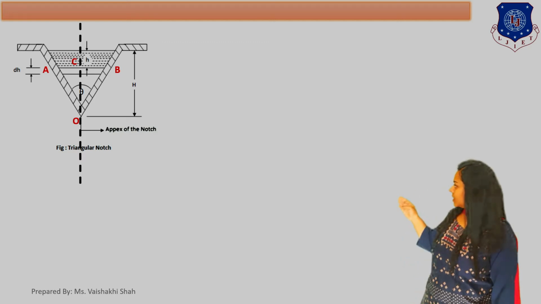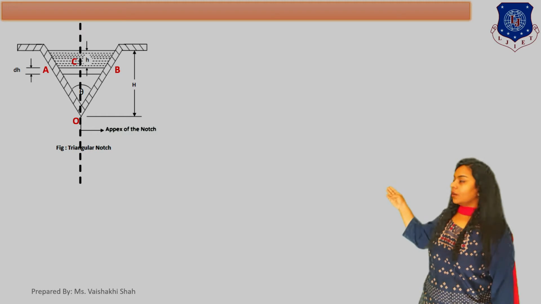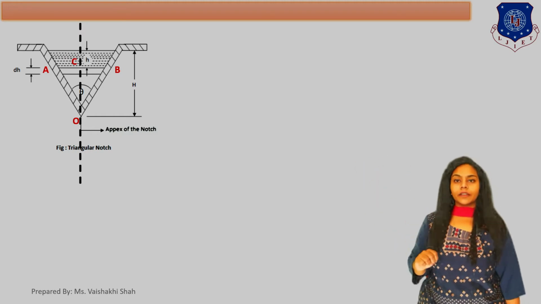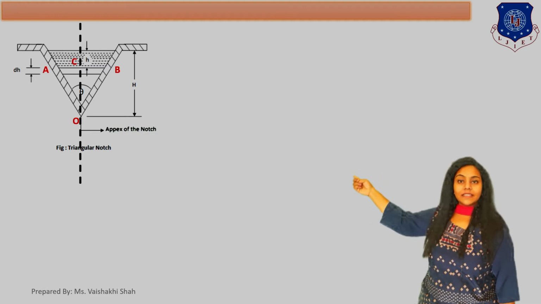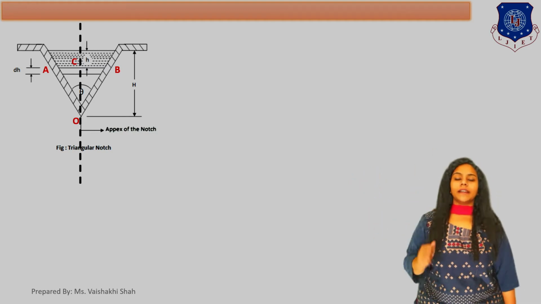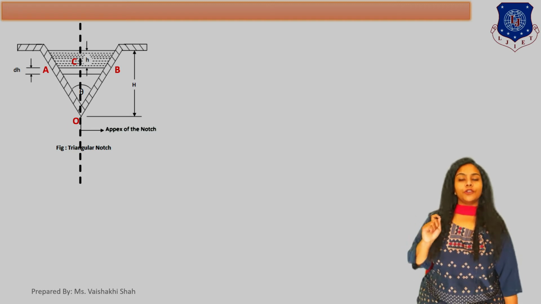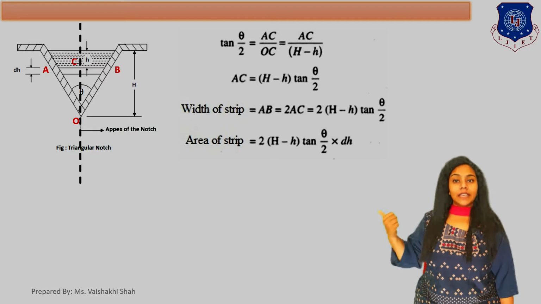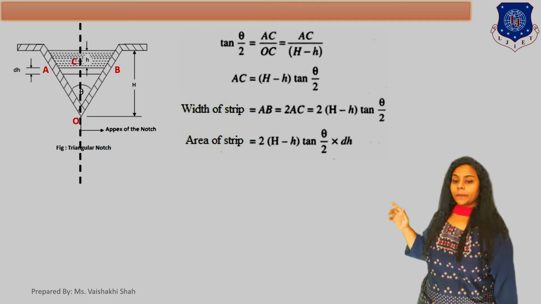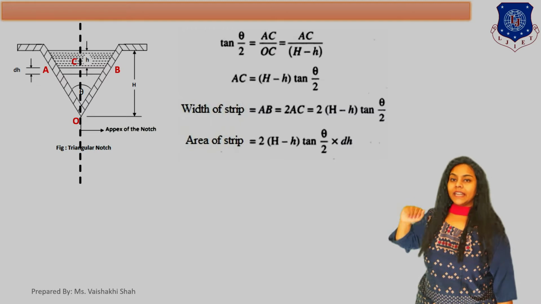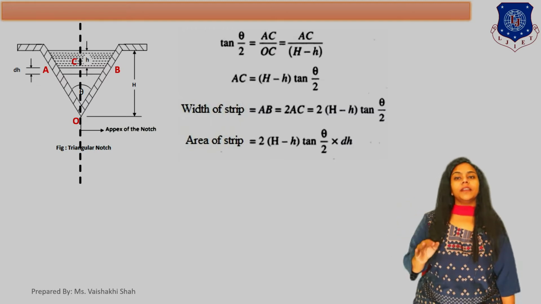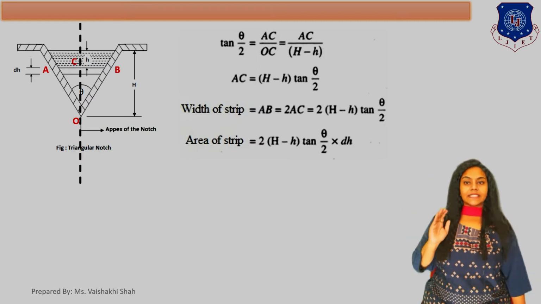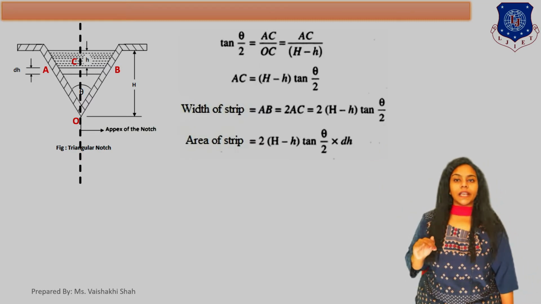Here there is a triangle OAB, and now cut that triangle from the center. The angle is theta, so if you cut it, the single angle is theta by 2. Now if we apply the equation in triangle AOC for tan theta by 2, tan theta by 2 equals AC by OC.